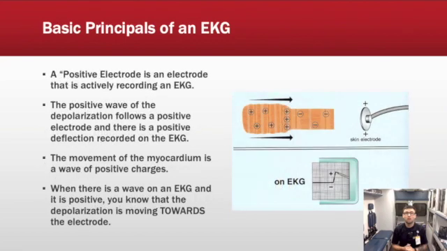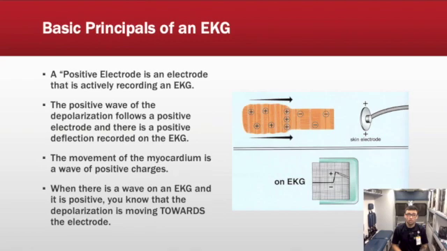A positive electrode is an electrode that is actively recording an EKG. Just like we have positive and negative ions, you have a positive and negative electrode for this EKG.